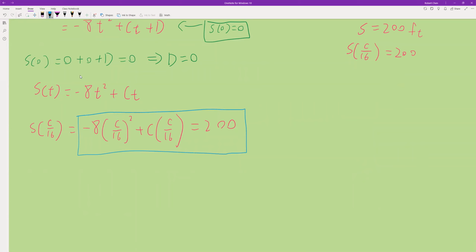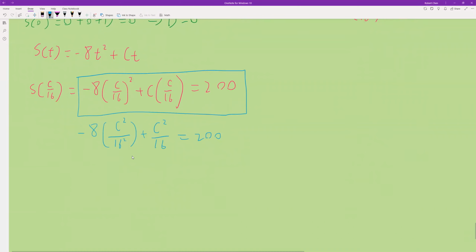So I have negative 8 times c squared over 16 squared, I'll just write it as 16 squared first, plus c squared over 16 is equal to 200. And let's see what we have. That's negative 8 c squared over 256 plus c squared over 16 is equal to 200.